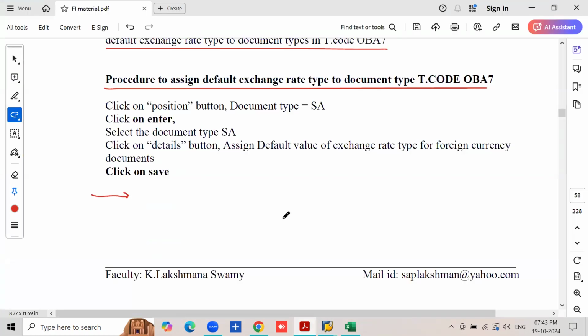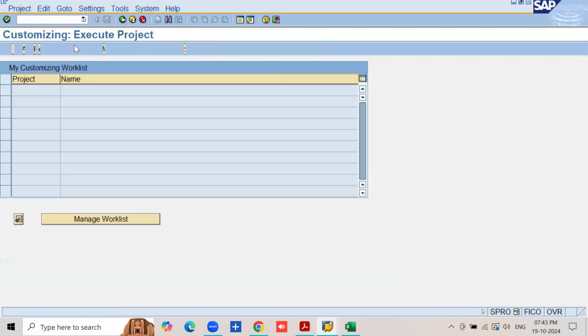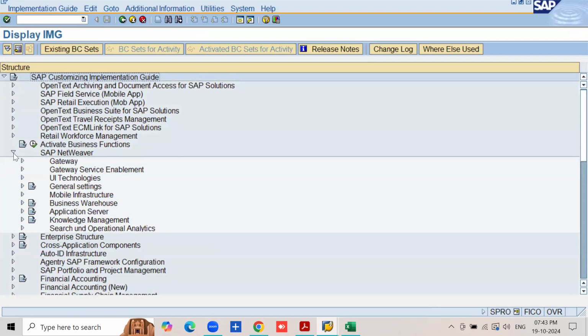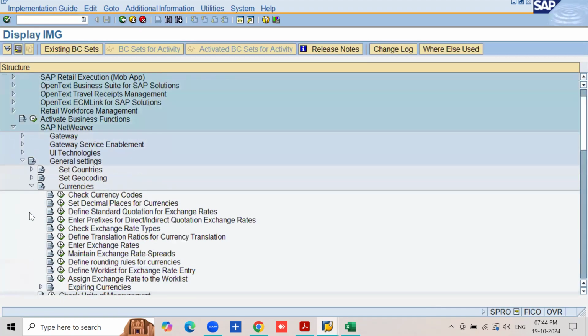Right? Now, here we have entered the rates from SPRO, right? SPRO, SAP NetWeaver, general settings, currencies, check exchange rate types. So you entered these exchange rates from the SPRO, right? SPRO means it is the consultant stream.